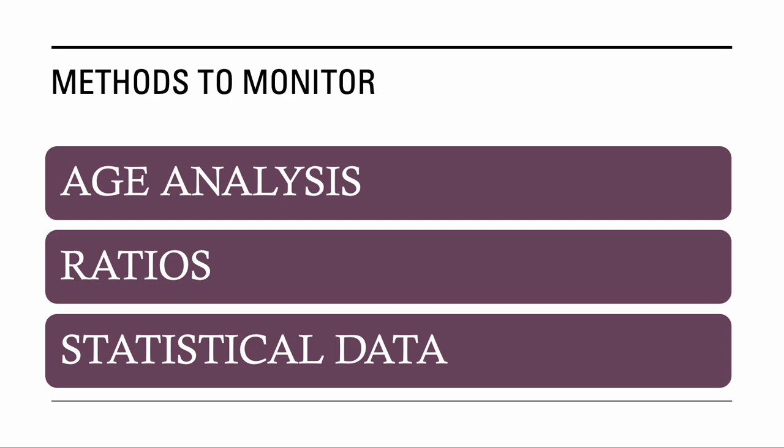And the second method to monitor the system is to analyze the ratios. In part 3 of Accounts Receivable Management, I will take you through various methods of calculations, early settlement discounts and other strategies. And we'll also cover a lot of ratio analysis.